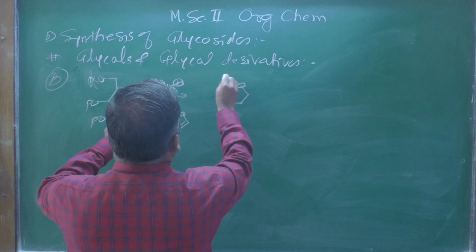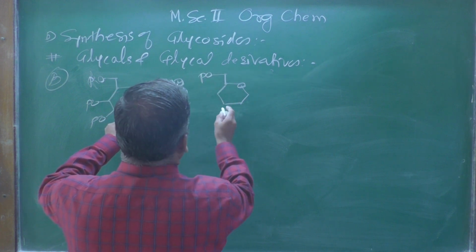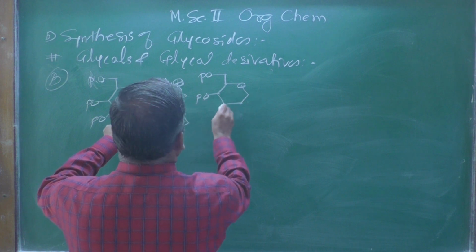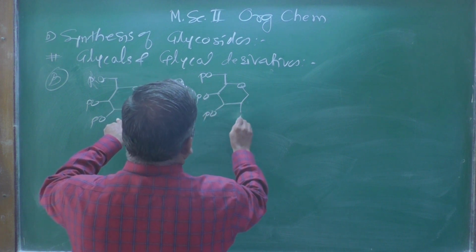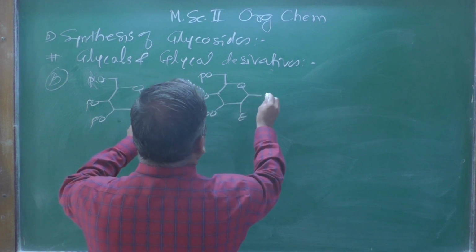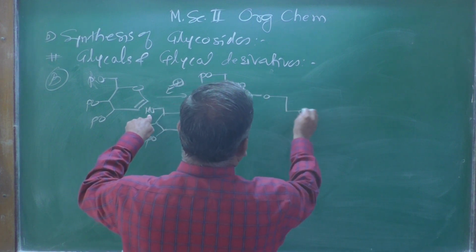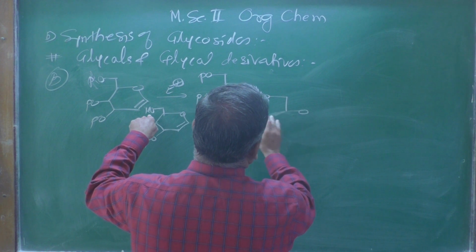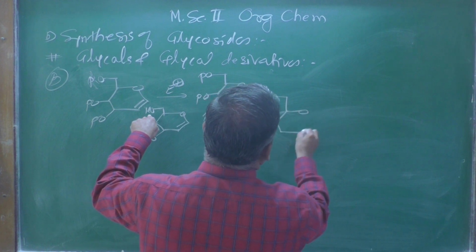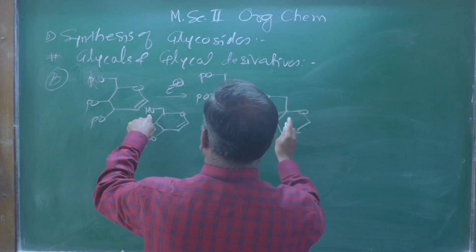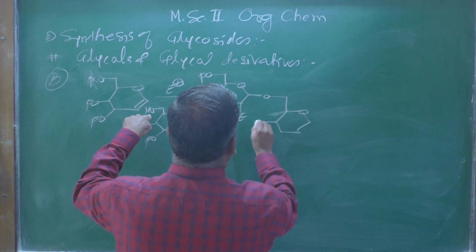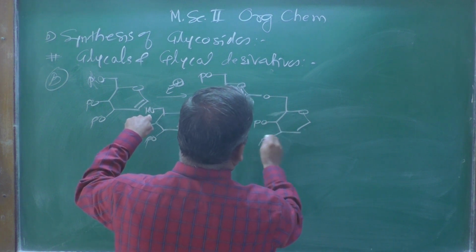So this as it is, then PO as it is, PO, here should be E, and then this oxygen, and then combine, we are going to get this compound over here.